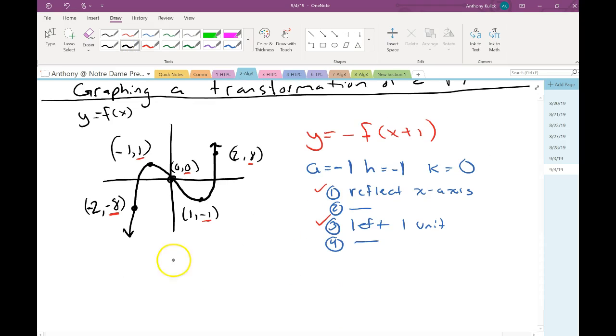So if I draw my intermediate graph here, it's going to look like this.